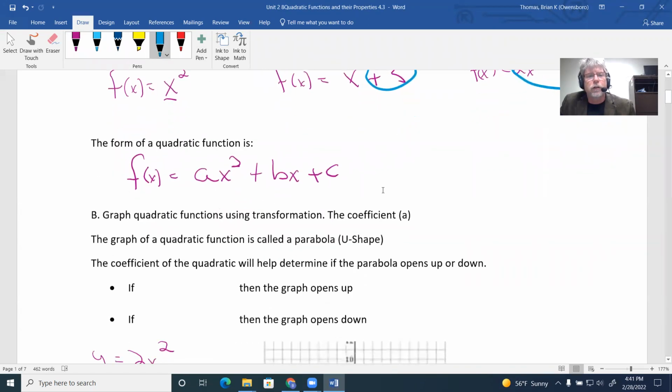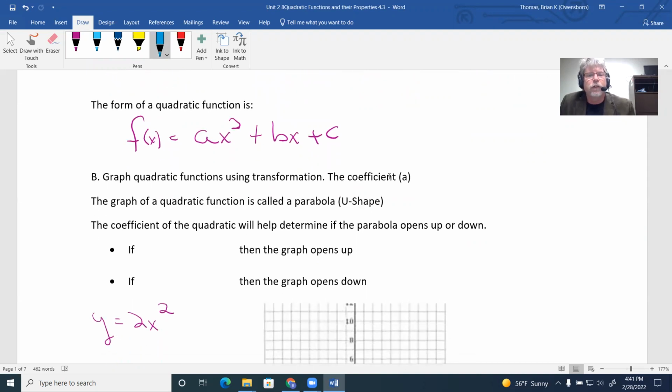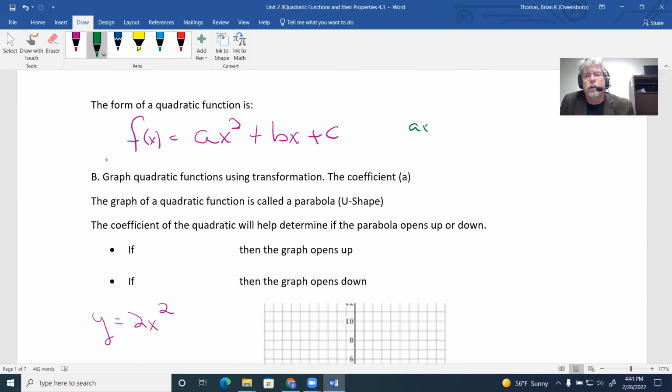So again, the form of a quadratic function is we're going to have this ax squared plus bx plus c. Remember how before we had what was called a quadratic equation. A quadratic equation, we had ax squared plus bx plus c equal to 0. That was a quadratic equation. Now, instead of having this 0, it's turning into a y.